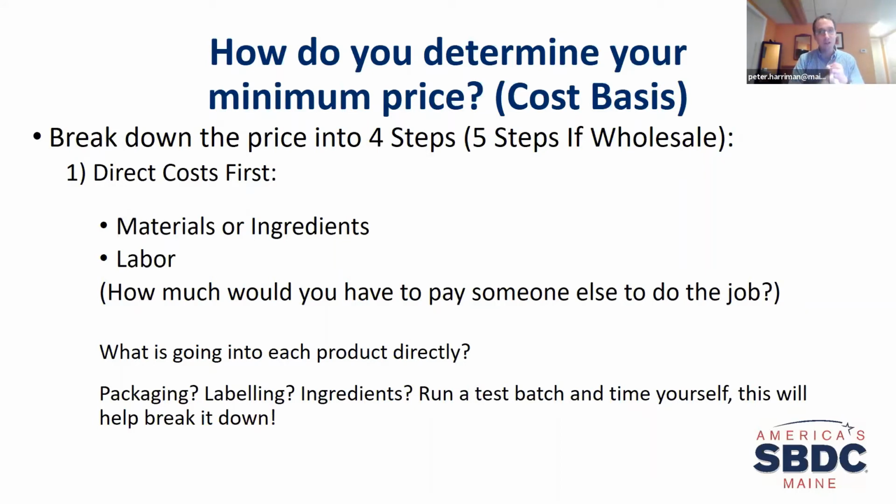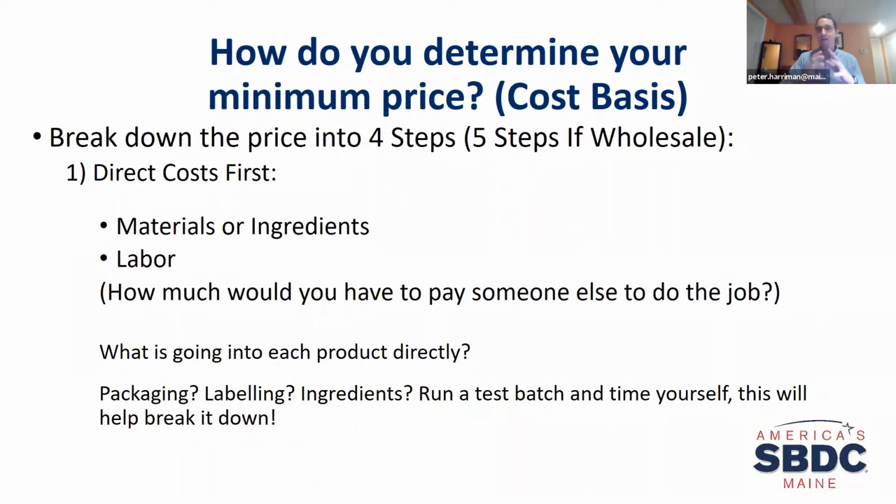And it's not just materials, ingredients, and labor. In the bottom there, you can see there could be packaging, there could be labeling. If you have boxes that you're going to ship in, because a lot of people are doing e-commerce these days, you're going to have that label, the packing material, the box, the postage. That is something you're going to want to incorporate into your cost, and you want to know what each one costs.